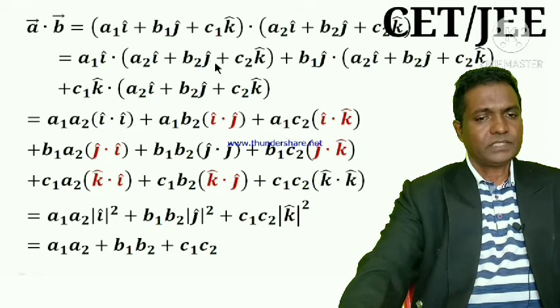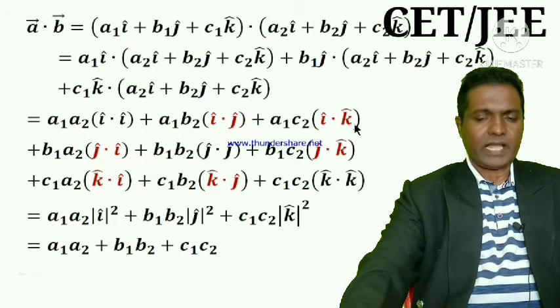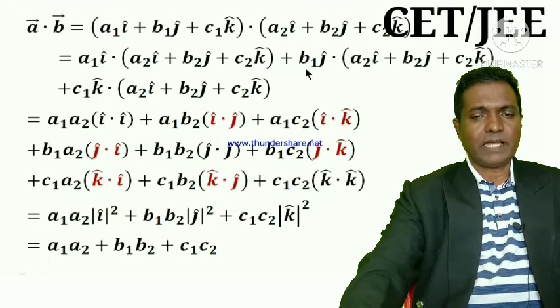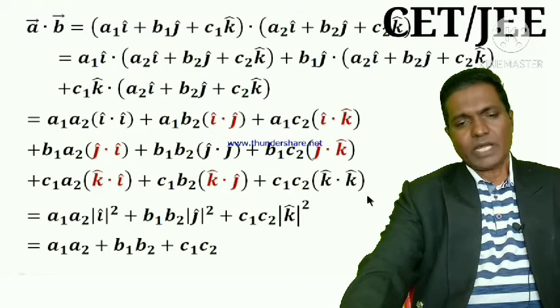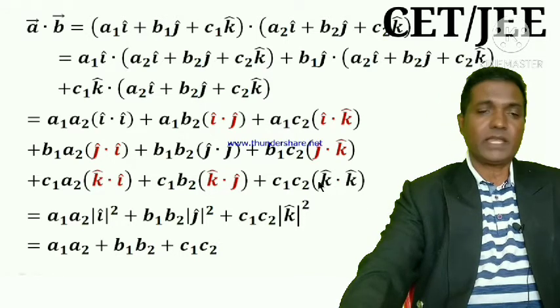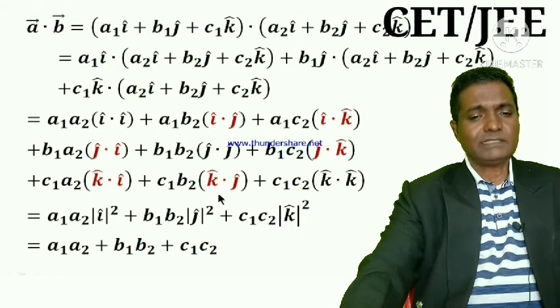Similarly, A1 C2 fixed and i dot k. Okay, so in this way you can write. Similarly you can multiply these two terms and you will come up with these things. Just look at this carefully, and instead of only looking, you can have your pen and paper, and please try by pausing this video.